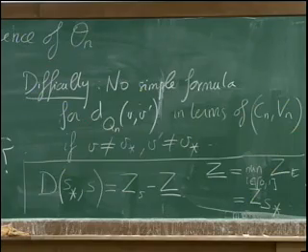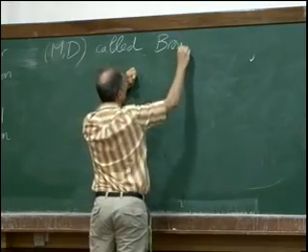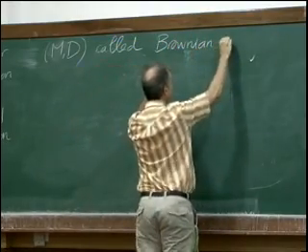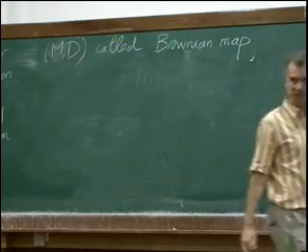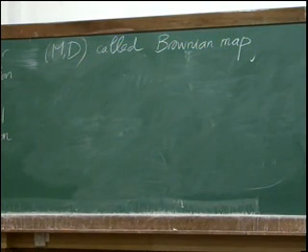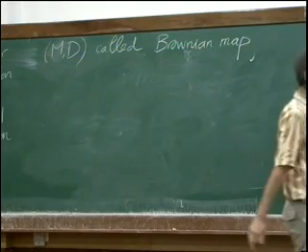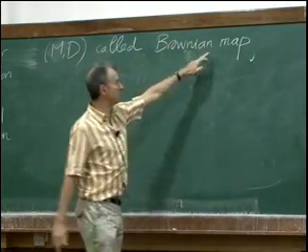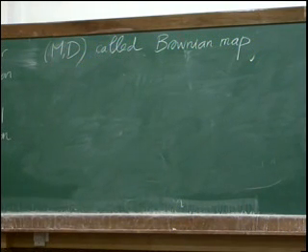This limiting space, capital MD, will be called the Brownian map. I should not say the Brownian map, because at present, there is no uniqueness. Okay, I told you that we have to pick a sequence here. And the limit may depend on the sequence, so we don't know yet. But essentially, everything I'm going to say will be valid for any Brownian map. So I will say the Brownian map, but it's really any possible limit that we have.